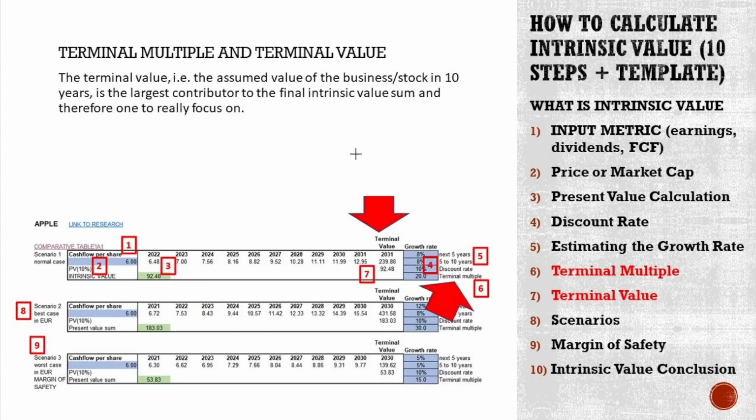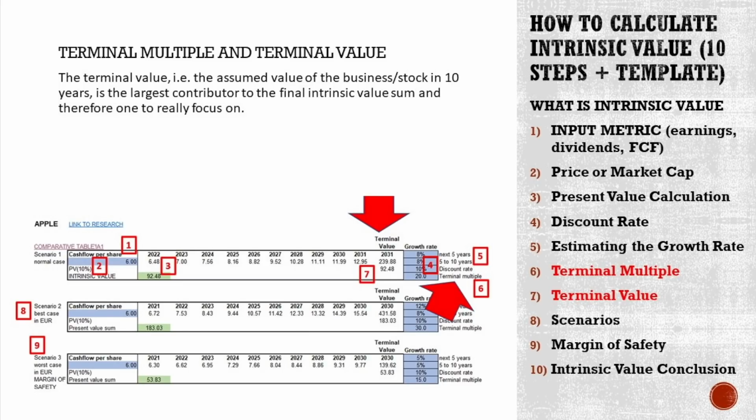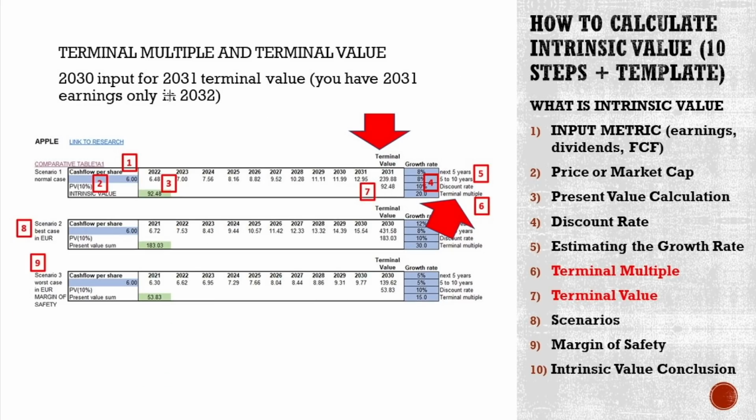This terminal multiple and value really have a big impact on intrinsic value, especially with companies that don't pay dividends. Therefore, it's extremely important to be conservative and to find the margin of safety when putting the inputs there. As I said, you only have the earnings of one earlier year, so you put that into the terminal multiple to get the terminal value and then calculate the present value of that terminal value.